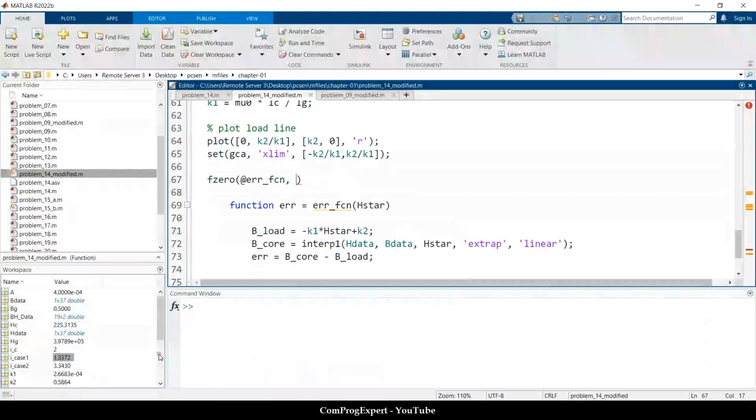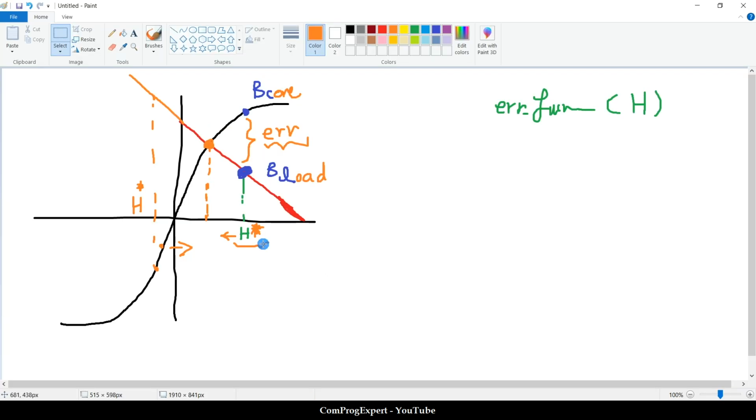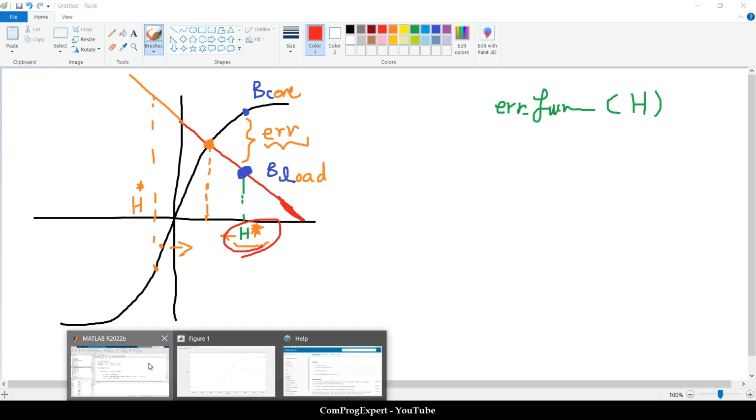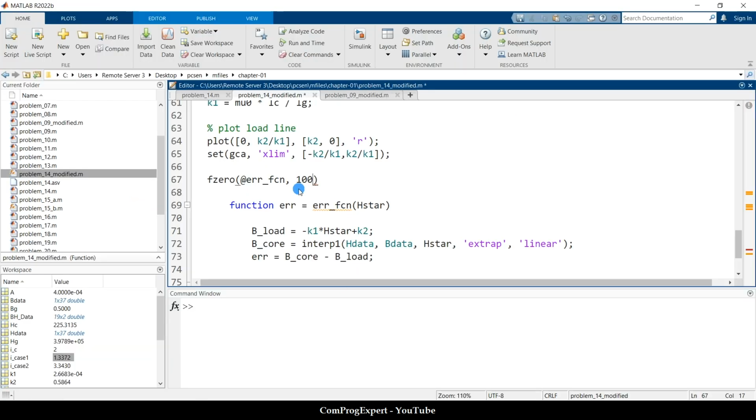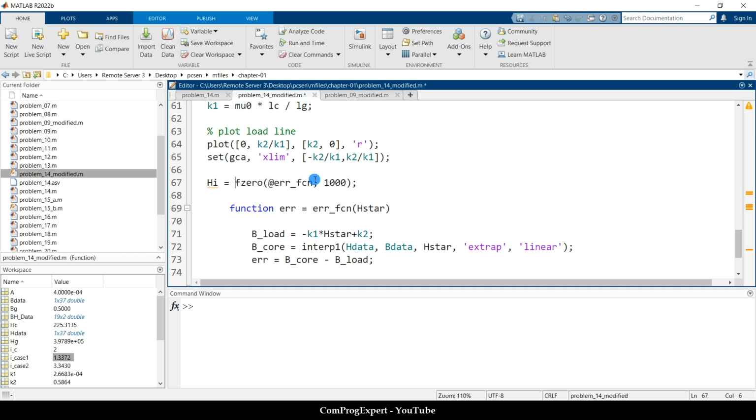Let's consider the starting value for the magnetic field intensity H star equal to, let's say, 1000 here. The output of this function is the H. This is the H operating point. The intersection. Let's write the H of the intersection.